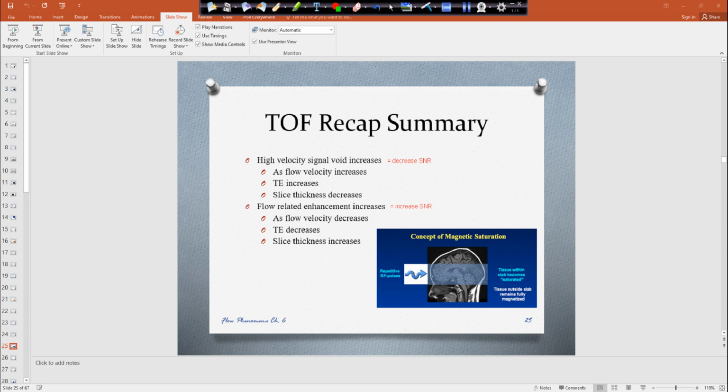So here is a good image of our time of flight sequence where we are covered from basically the foramen magnum up to the corpus callosum. This is where the circle of Willis is. We are going to give our stationary tissues repeated RF pulses.